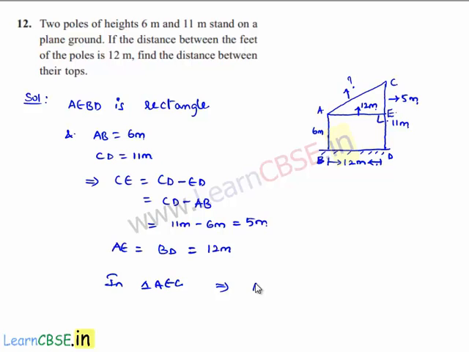the hypotenuse square, which is AC square, is equal to the sum of squares of the other two sides, that is AE square plus EC square. That implies AC square is equal to 12 square plus 5 square.